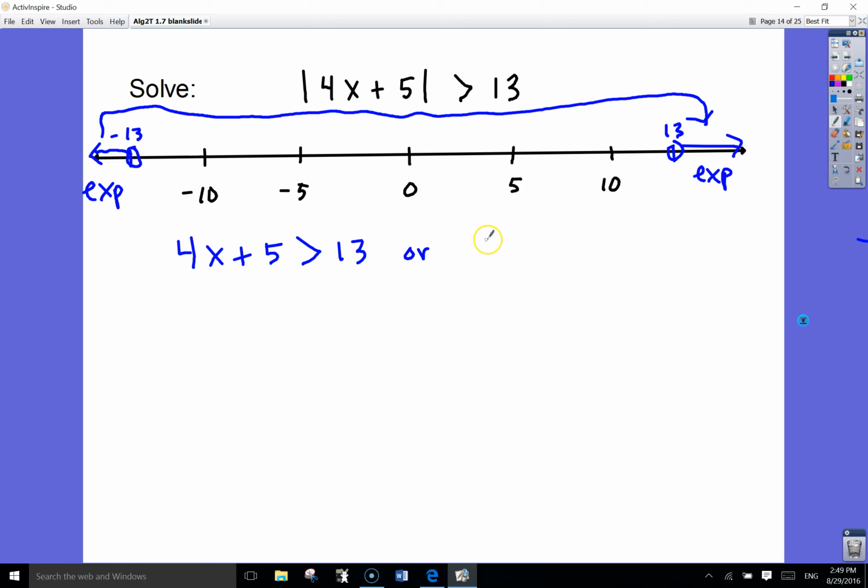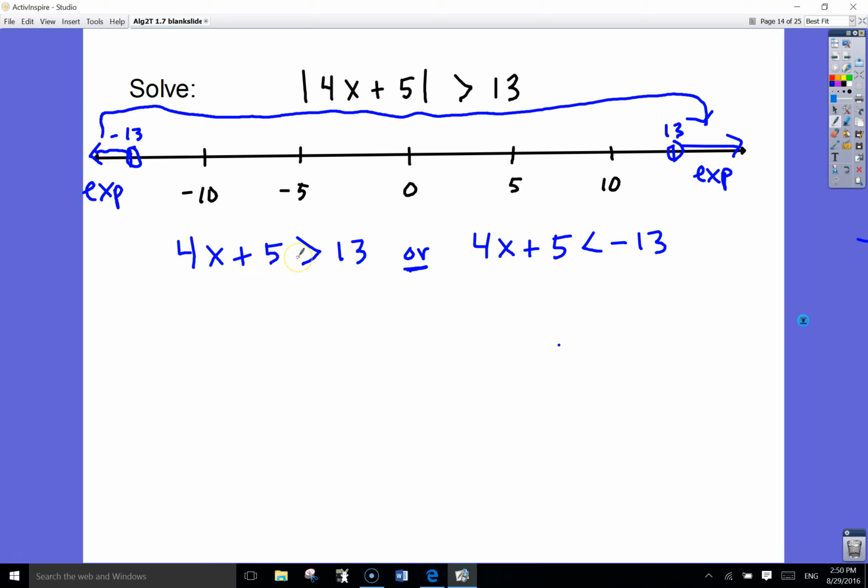So let me write this as 4x plus 5 is less than negative 13. And those two are connected. This is a compound inequality, which means there's two different inequalities, and the word that joins them is "or." And you're not correct if you don't have that word "or" there. You're not all the way correct.